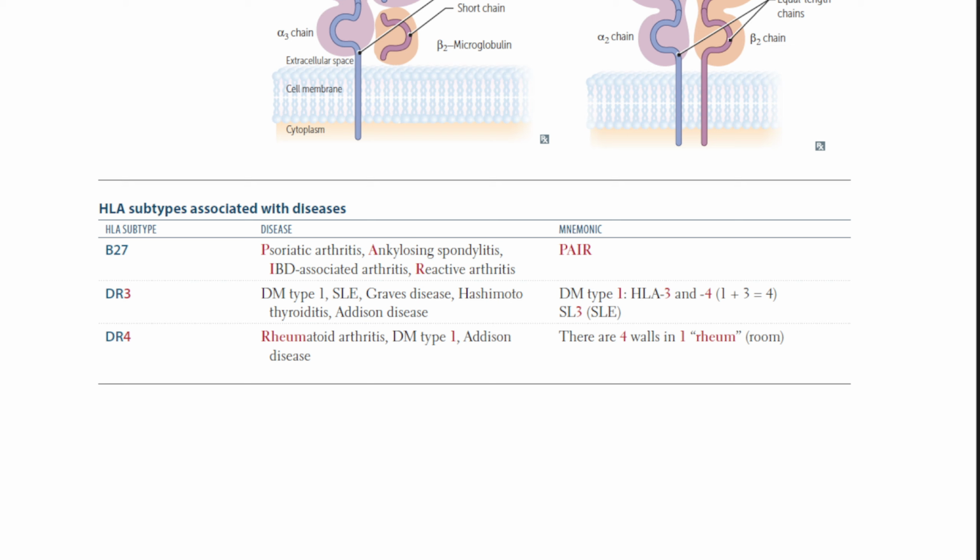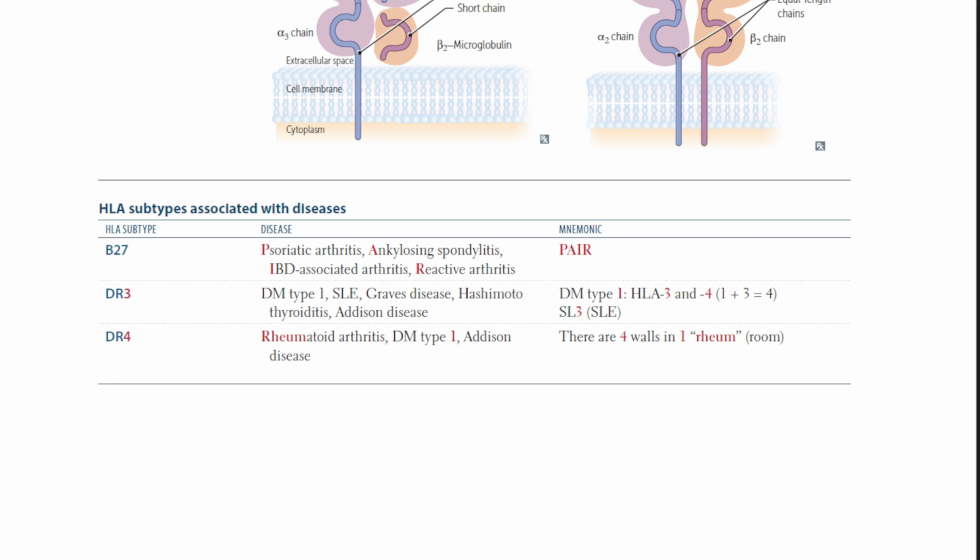Diabetes mellitus type 1, remember, HLA 3 and 4. 1 plus 3 is 4. And DR4 is important for rheumatoid arthritis, diabetes mellitus 1, and Addison disease. A good mnemonic is that a room has 4 walls. There are 4 walls in one room.